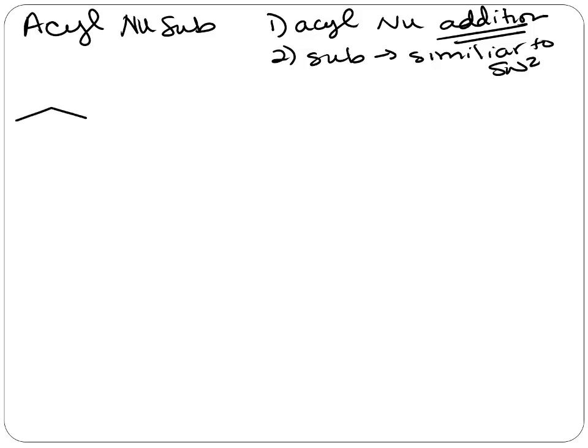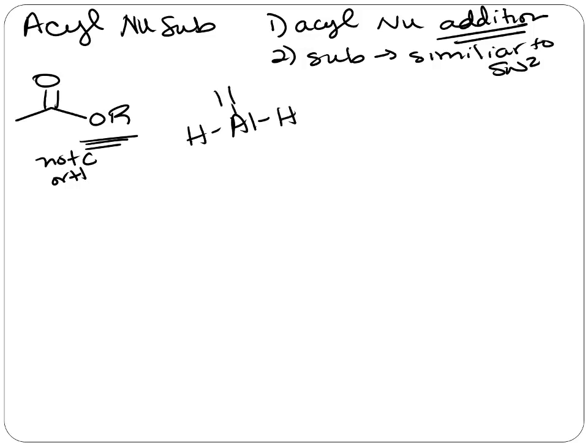So the generic idea is that you have your ester, or some other carboxylic acid derivative. It just cannot be carbon or hydrogen here. If it's a carbon or a hydrogen, this is going to be a ketone or an aldehyde. So we take our nucleophile, and we need a stronger nucleophile to carry out this entire mechanism.